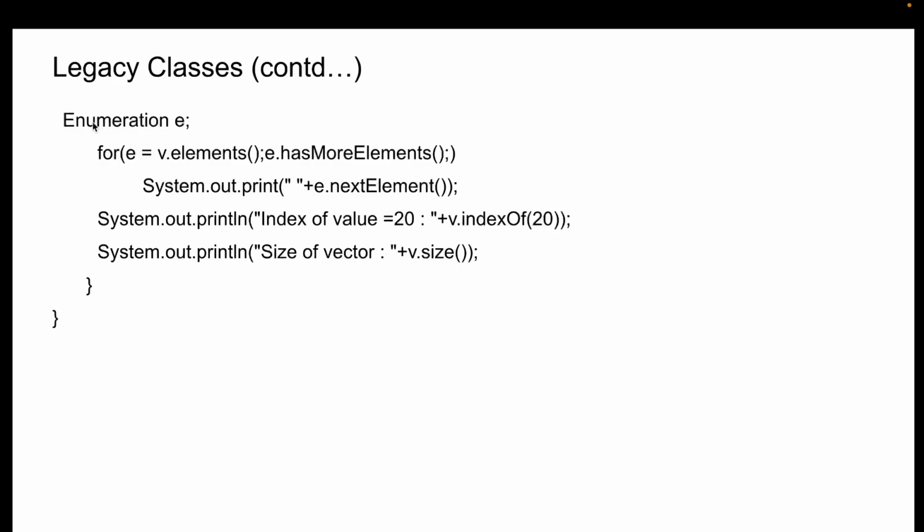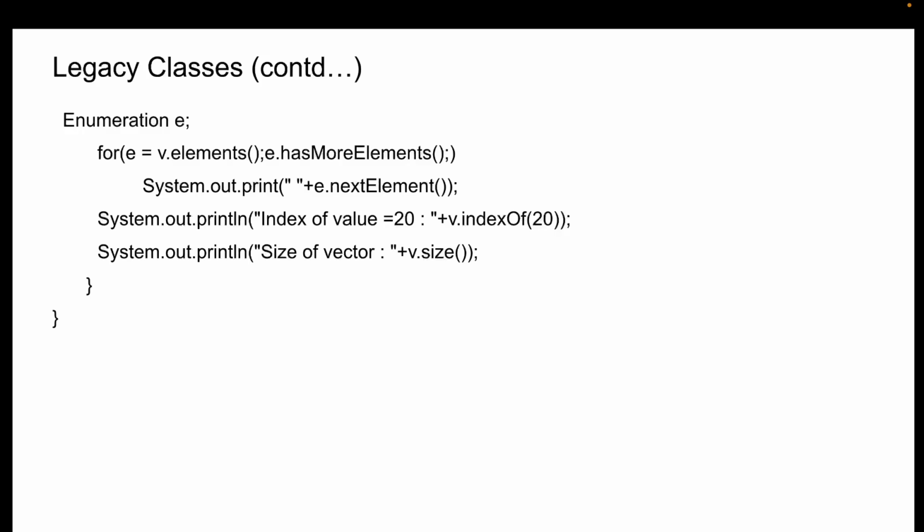And then we are using an Enumeration object to traverse through this. Just see this: Enumeration e, and then we have written a for loop, and e is equal to v.elements. So v.elements gives us the elements, and e.hasMoreElements checks if this vector still has any elements to traverse, and then we'll print it. If it has, we print, and then we go to the next element.